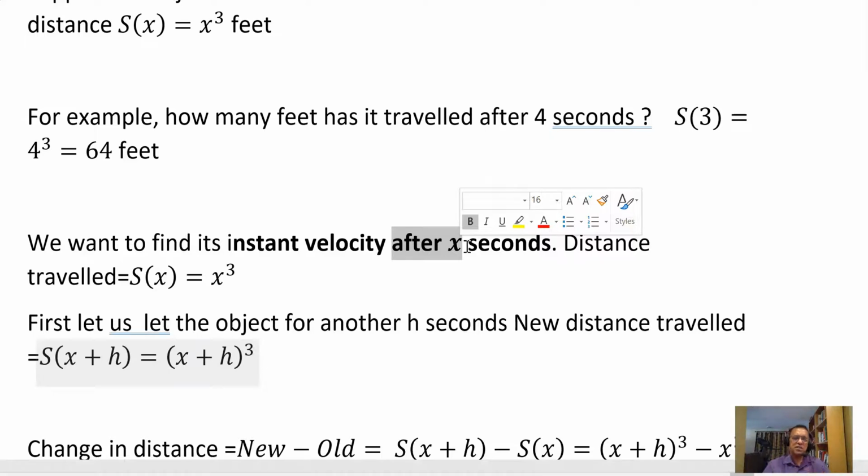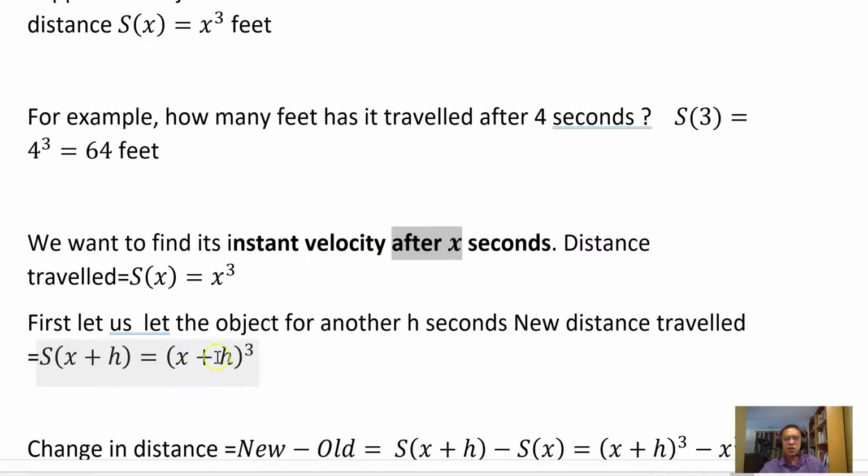So what we are going to do is make a small time change called h. Now we were at x seconds. Now we move the time by a small amount. Now the new time is what? x plus h. So how far has it traveled in the new time?